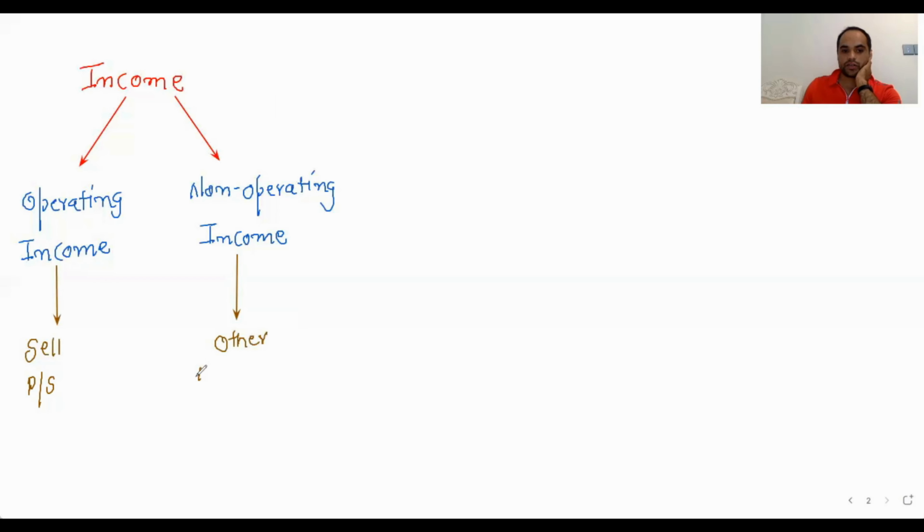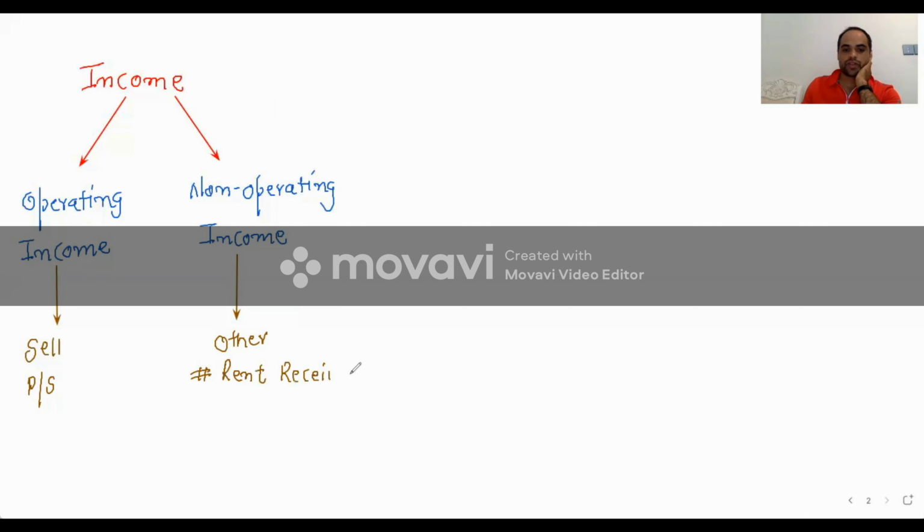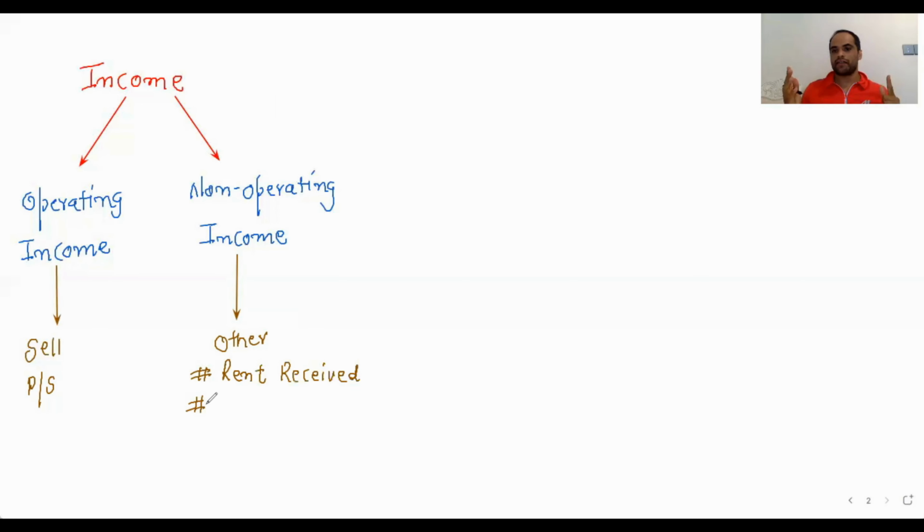What are the other sources of income? For example, rent received. Say the company has a three-floor building. In the building, the company uses two floors and one floor is left, which the company is not using. So the company puts that floor up for renting.